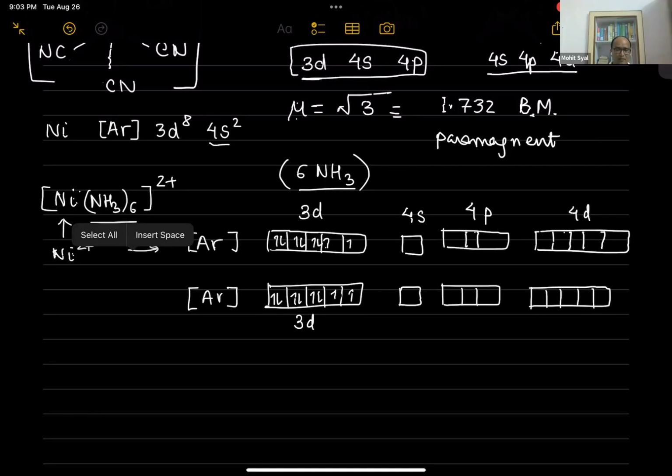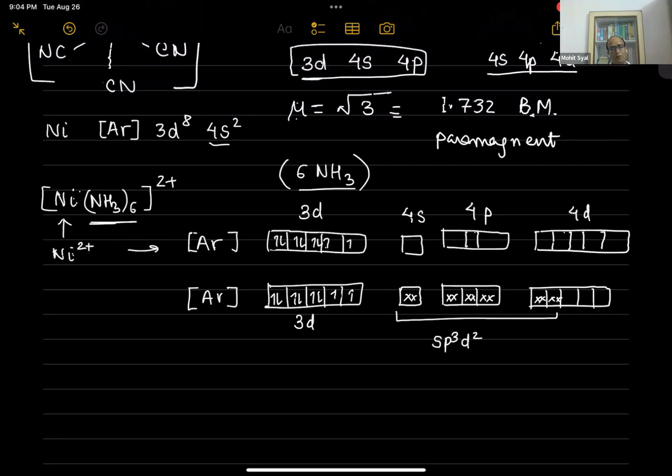Even if you pair them, you get only one d orbital, not two. In coordination number 6, we need either both inner or both outer. So let them remain untouched and let's use the outer d orbital. Is it clear to everyone? The hybridization is going to be sp3d2 even with the strong ligand.